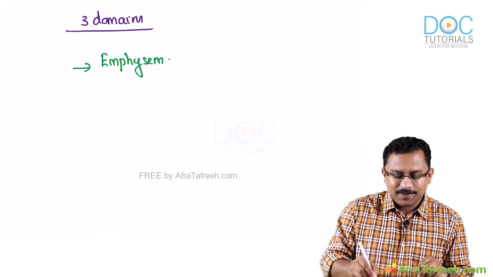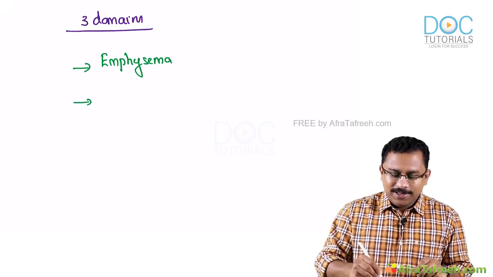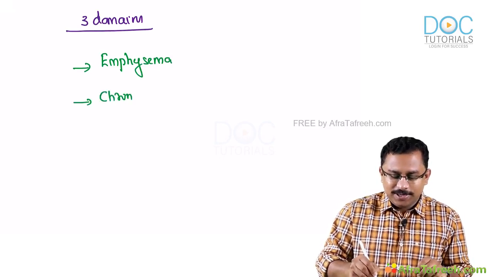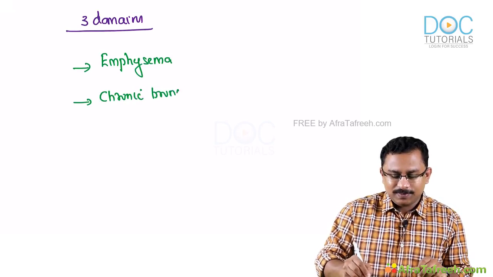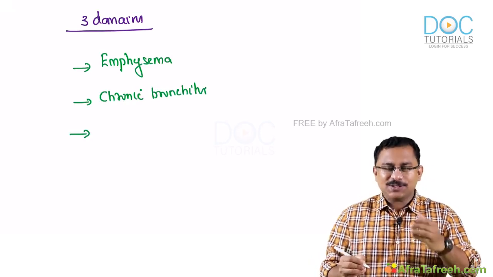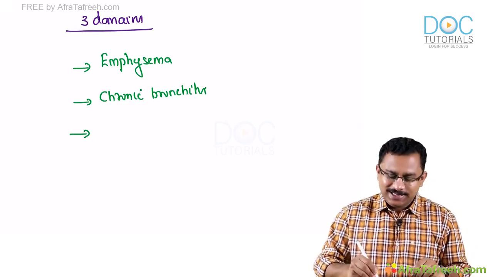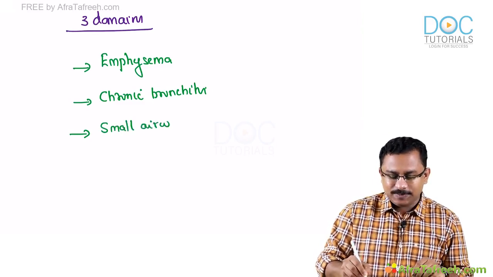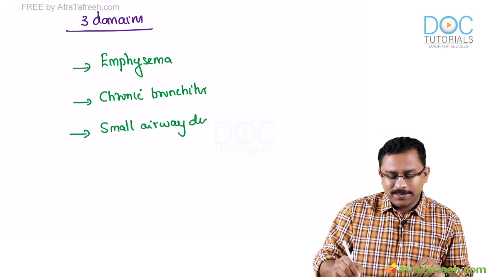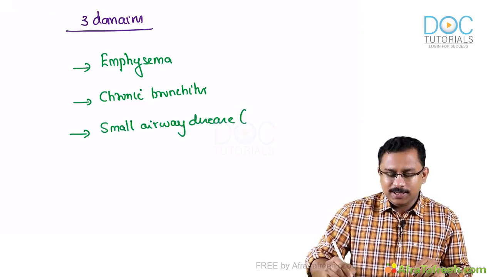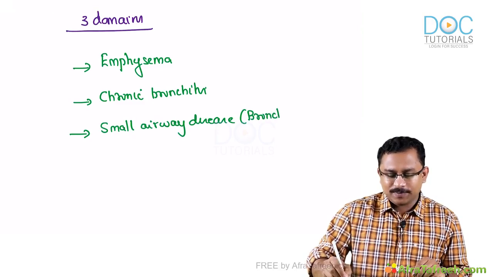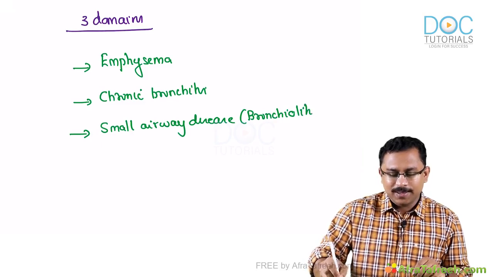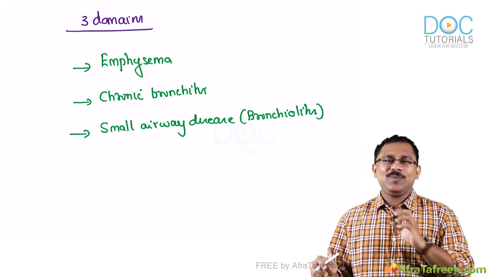You have got another domain, that is chronic bronchitis. The first two are the most important ones, and you have also got a small airway disease, which you call bronchiolitis. Now these are the three domains.